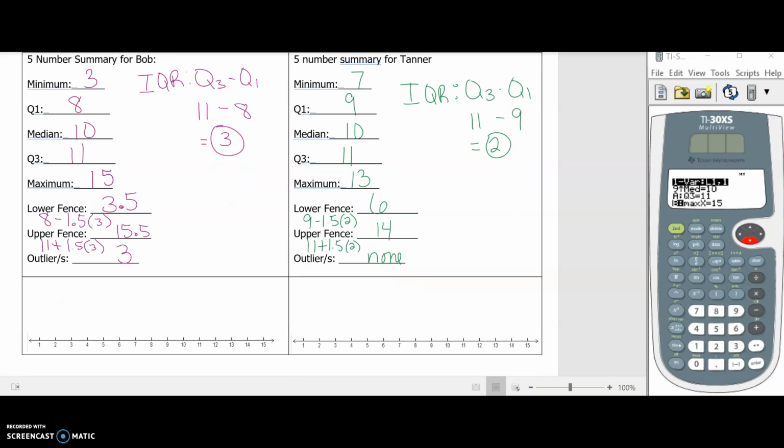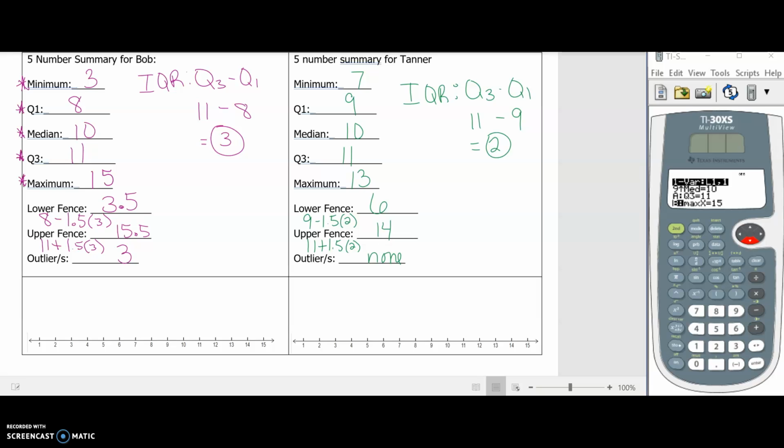Okay, now that I have the 5-number summary for both players, I'm ready to construct my box plot. So I'm going to do one for Bob, and then you're going to try it for Tanner. For Bob, for the 5-number summary, I'm going to use the minimum, quartile 1, the median, quartile 3, and the maximum.